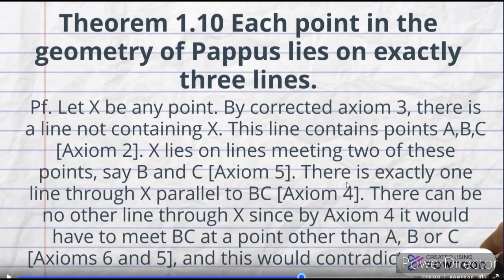By corrected axiom 3, there is a line not containing X. This line contains points A, B, C, and by axiom 2, X lies on lines meeting 2 of these points, say B and C. By axiom 5, there is exactly one line through X parallel to BC. There can be no other line through X since by axiom 4 it would have to meet BC at a point other than A, B, C, or axioms 6 and 5 would be contradicted.